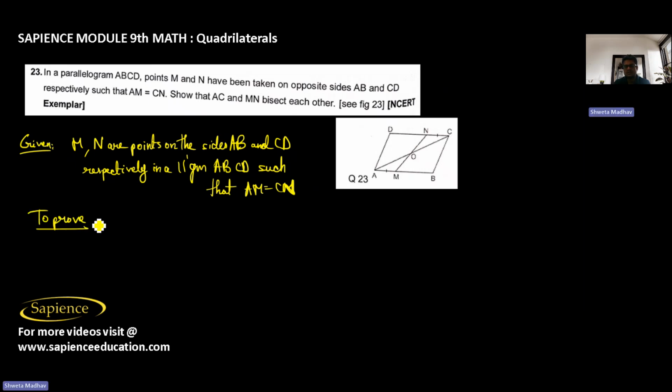We have to show that AC and MN bisect each other.